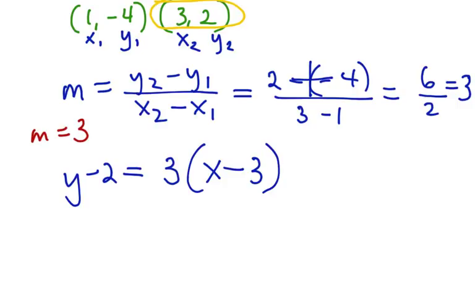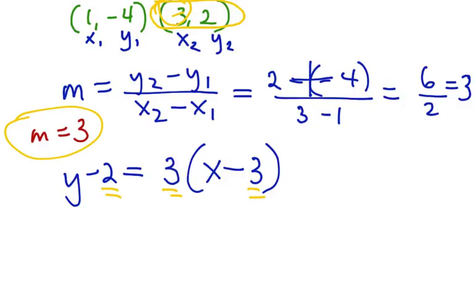Okay, so the things that I put in here were my y2. I plugged that in for my y value, and then 3, which is my slope, and then 3, which is up here, which is my x value.